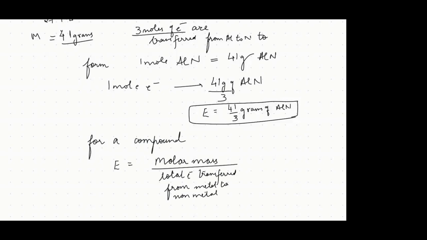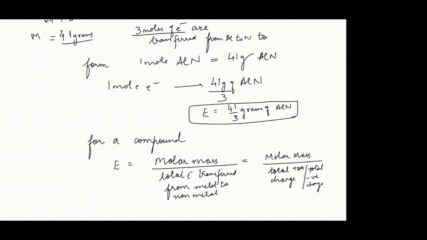But how is it written in books? Molar mass upon total positive charge or total negative charge, one of those things. Either total positive charge or total negative charge, they are the same in modulus.